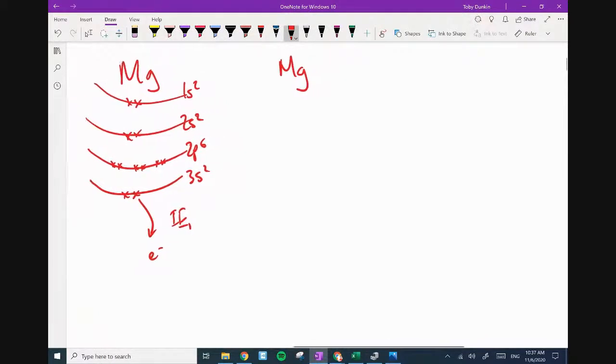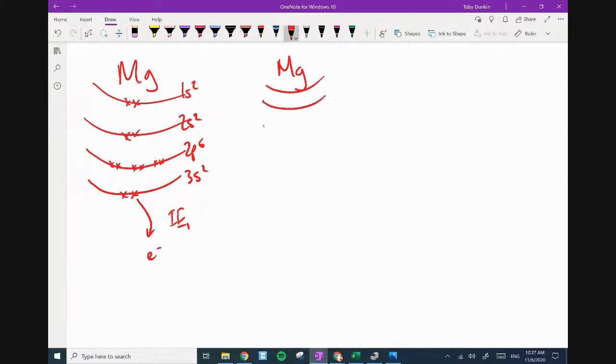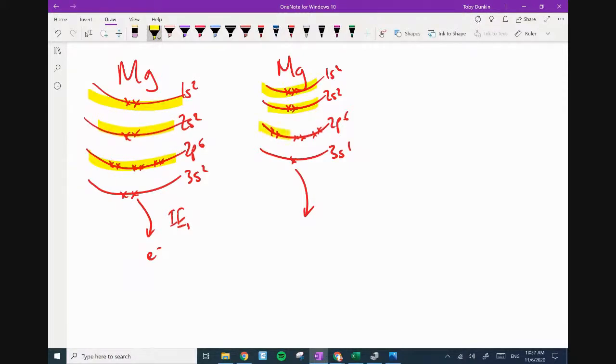But look what we're now removing it from: 1s2, 2s2, 2p6, 3s1. Notice how I've shrunk it. The shielding, Anch, is the same. Here's the shielding. The shielding is the same.